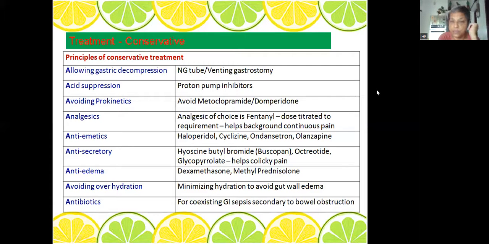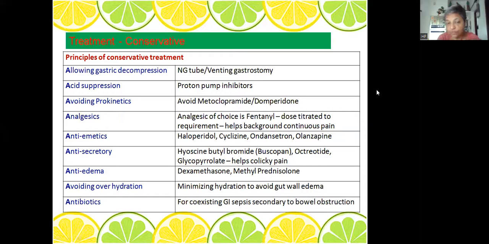Next is anti-edema. Dexamethasone. You remember I told in the last class, dexamethasone is a very good drug to reduce the peritumoral edema. Okay. Of course, they use methylprednisolone also. So whatever is available, we can use. Avoid overhydration. Minimize hydration to avoid gut wall edema.